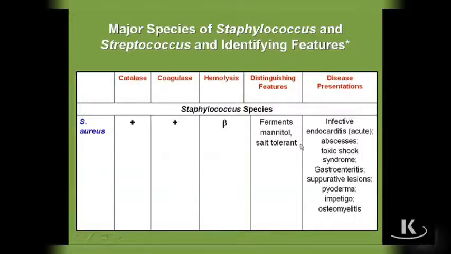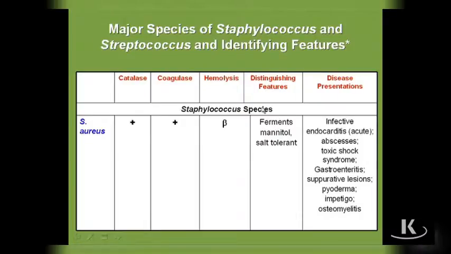There are a couple of different ways. Number one, Staph aureus is the only one of those three that is coagulase positive. So when it gets into plasma, it will cause that plasma to clump or clot. That is a byproduct of the coagulase.